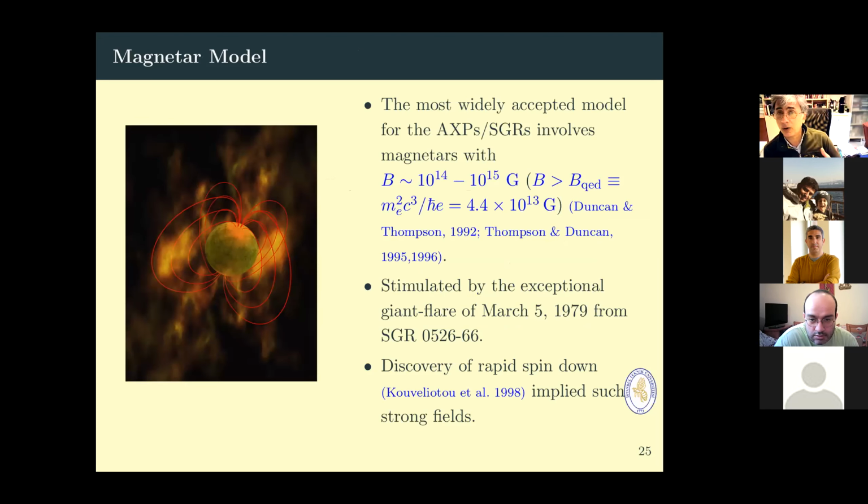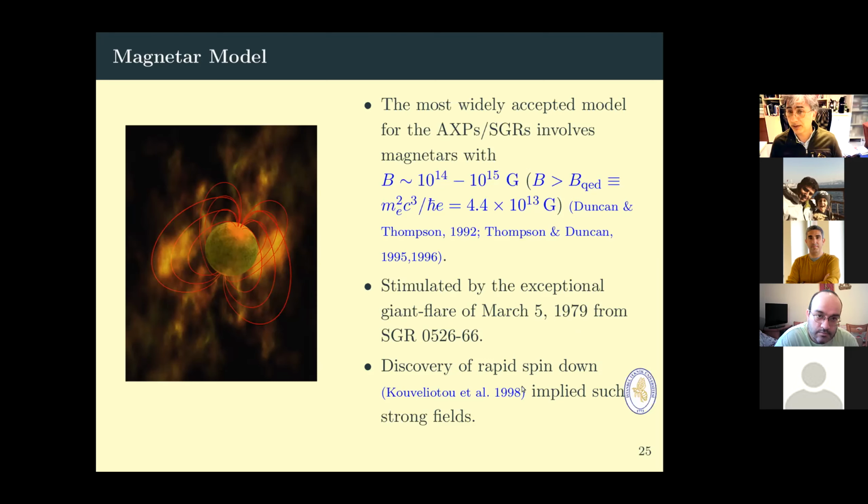That means they are objects with magnetic fields exceeding the quantum critical limit, which is about 4.4 times 10^13 Gauss. And this was stimulated by the exceptional giant flare of 1979 of this soft gamma ray repeater.